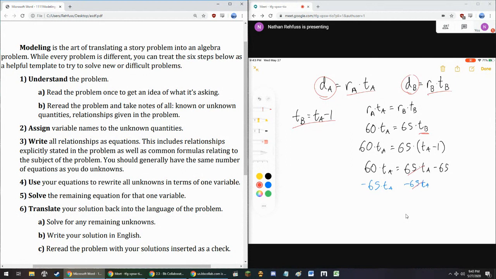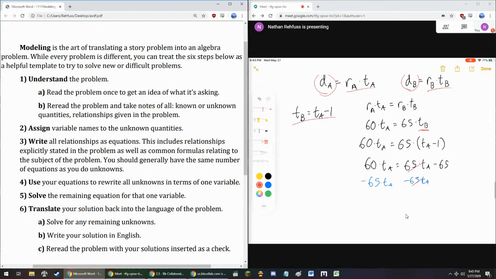On the left side, it's like terms. We're combining like terms. 60 of them minus 65 of them leaves us with -5 of them. And on the other side, that's -65. Divide both sides by -5. That'll leave us with a positive answer.